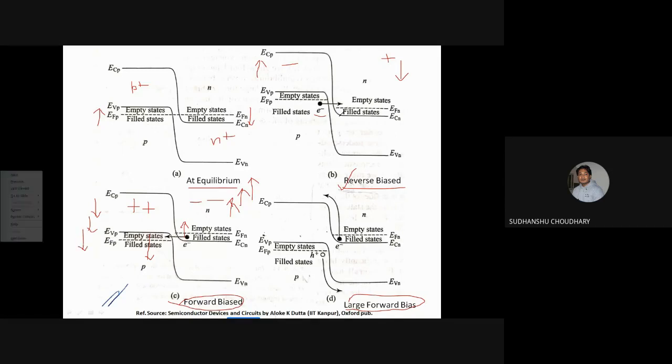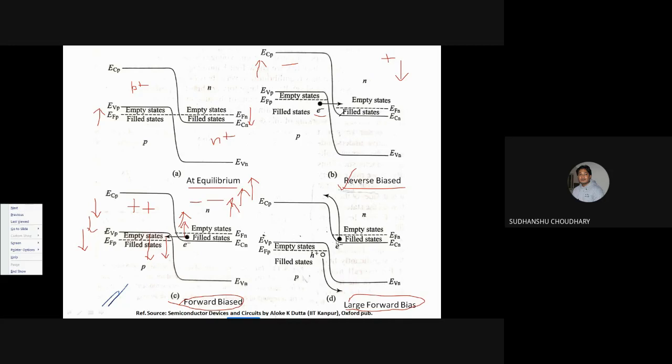So empty states come further down, and filled states move further up. So in this case there may be no filled state in front of the empty state, because empty states have been pushed down and filled states have been pushed up.